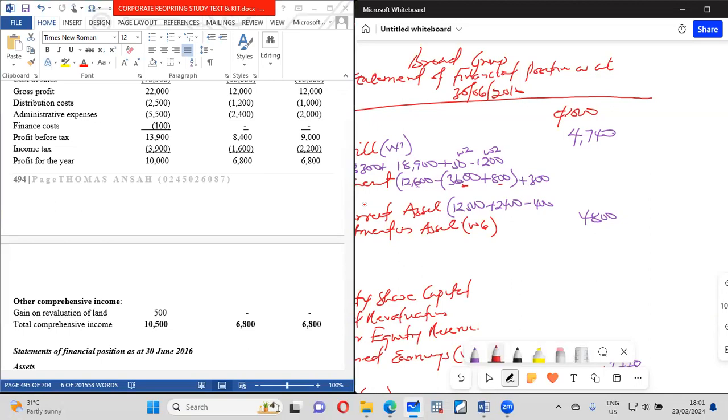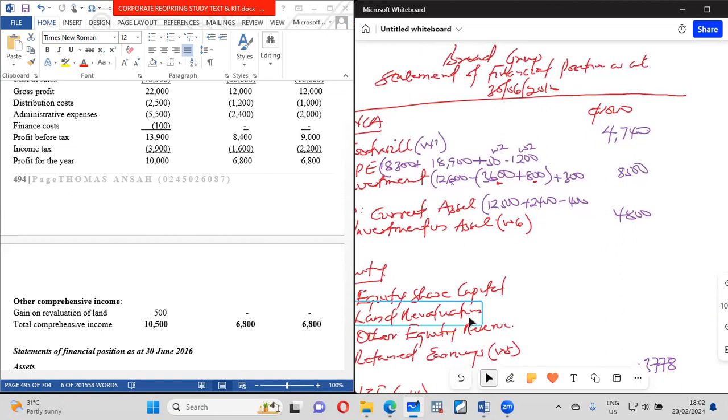So we have 12,600 minus 3,600 minus 800. All right, that's 8,200 plus the increase in investment, which is 8,500. So we have 8,500 here. So basically that is that. All right, so that is it. We didn't have any other additional PAP to add to this one, right? So it was 50 minus 1,002. So when I close that down, how much am I getting?